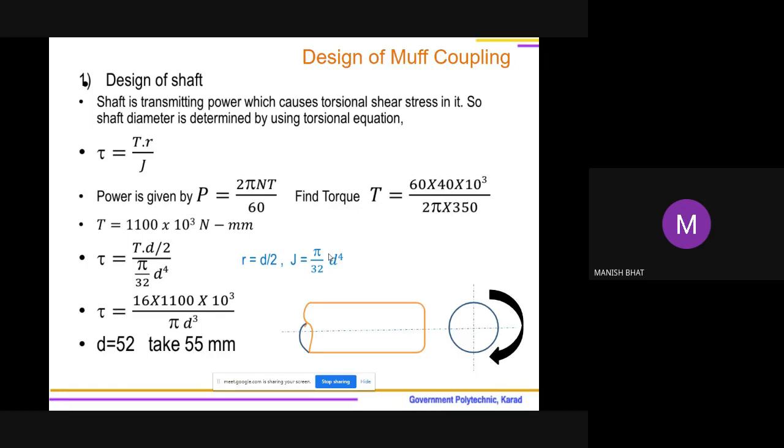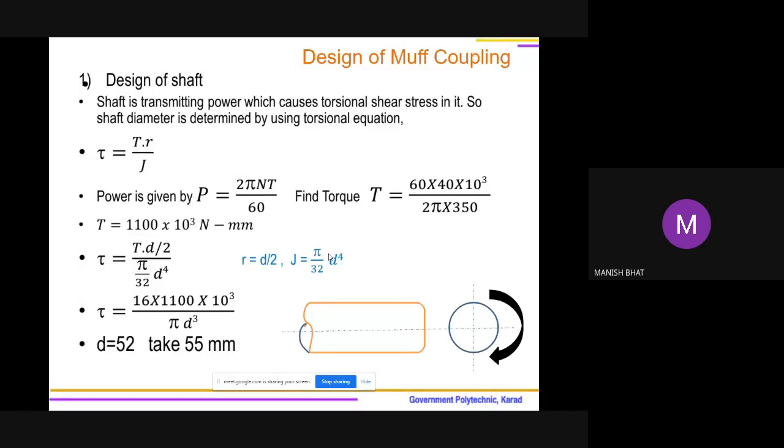For that sake, from the preferred sizes, we will select the size of the shaft as 55 millimeter. So we have decided that to transmit 40 kilowatt power at 350 RPM, the minimum diameter of the shaft should be 55 millimeter.